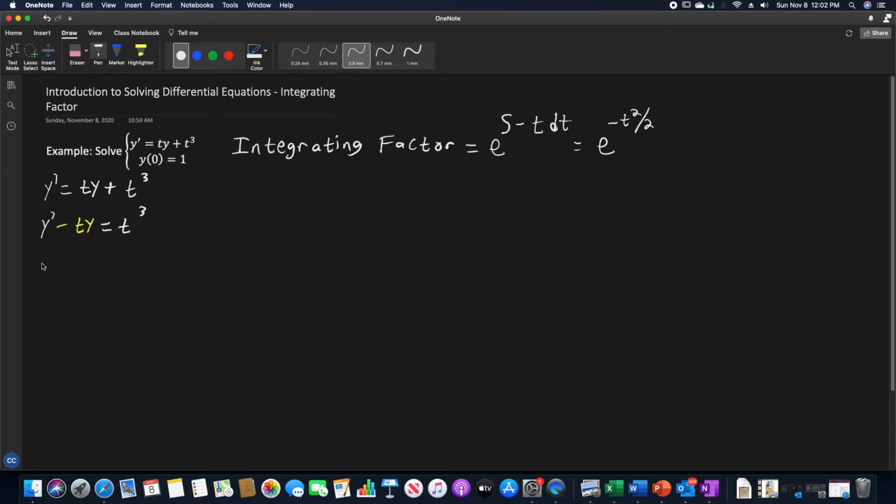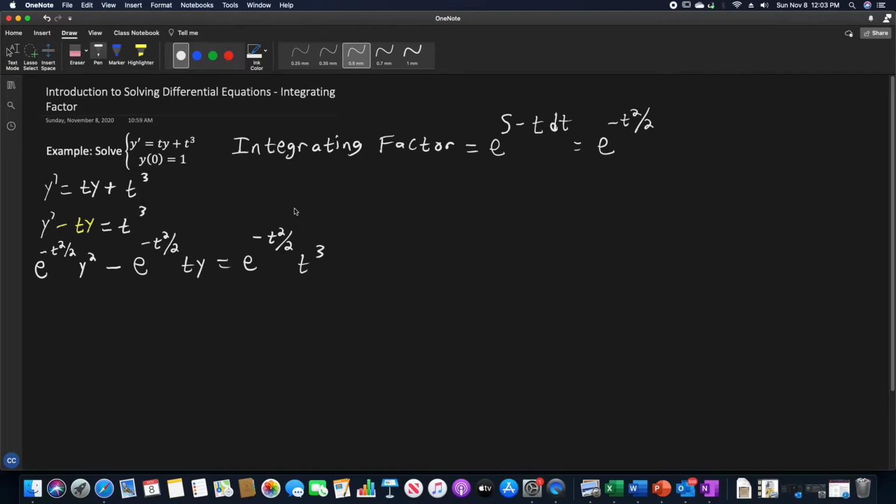So doing so is going to make e to the negative t squared divided by 2 times y prime minus e to the negative t squared over 2 ty is equal to e to the negative t squared over 2 times t cubed.